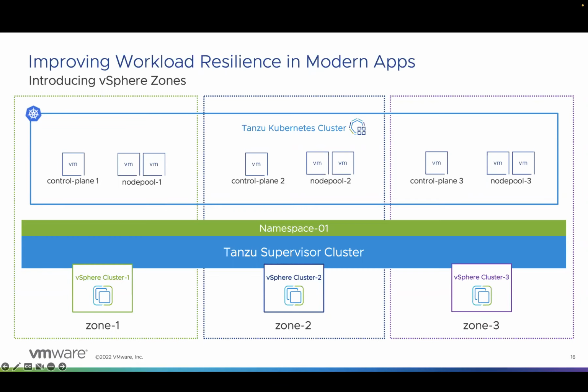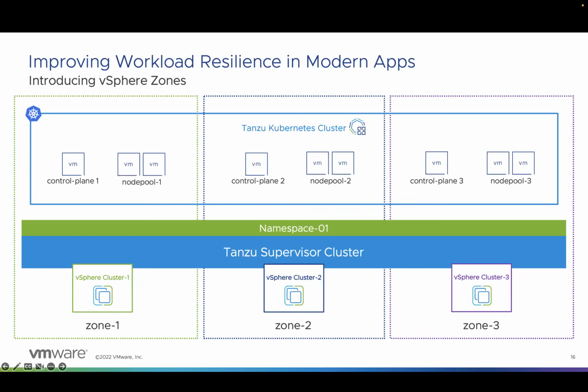And it allows us then to deploy our vSphere Tanzu supervisor cluster across those three zones. So you'll have a supervisor cluster VM on each of the vSphere clusters. You can stretch your namespace across the zones and then deploy Tanzu Kubernetes grid clusters again and separate them out and distribute them across each of the vSphere zones. And this allows for increased availability.